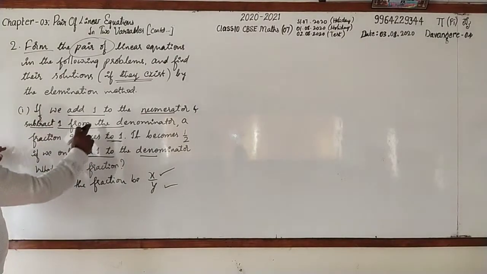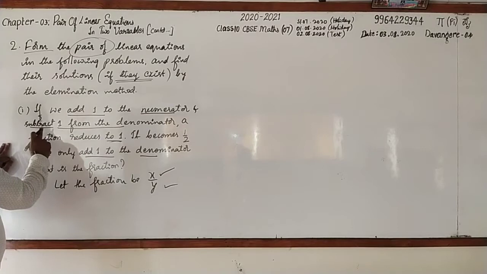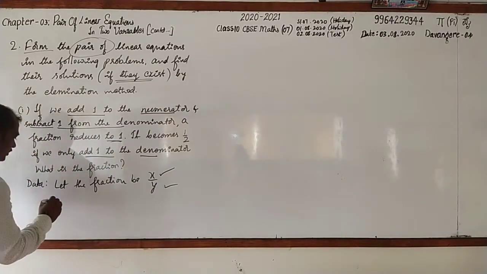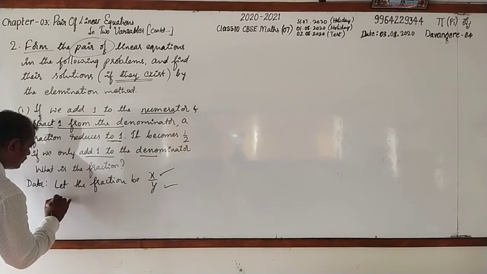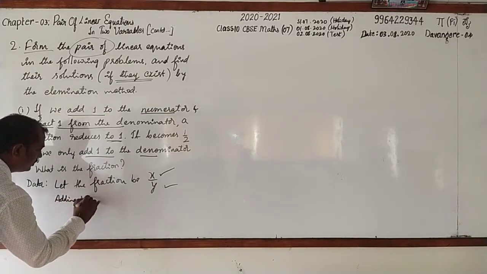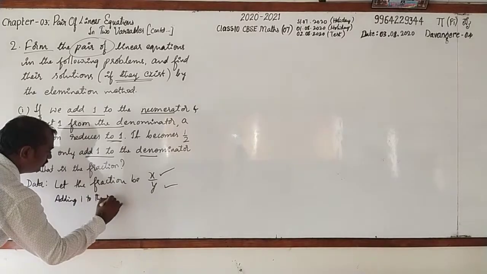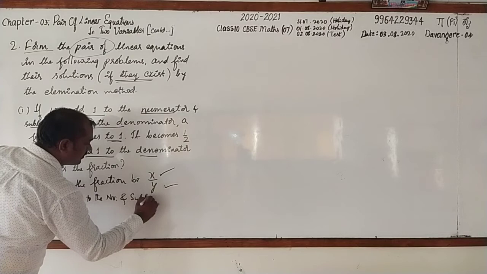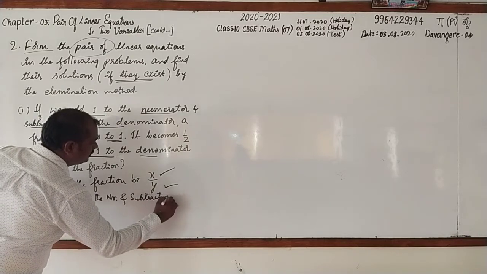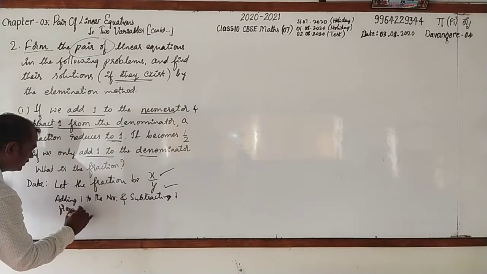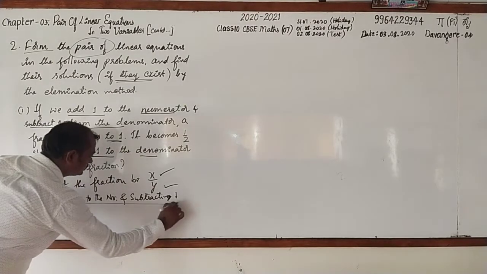Now let's go through the given statement. If we add 1 to the numerator and subtract 1 from the denominator, look here. Here I'll write, adding 1 to the numerator and subtracting 1 from the denominator.